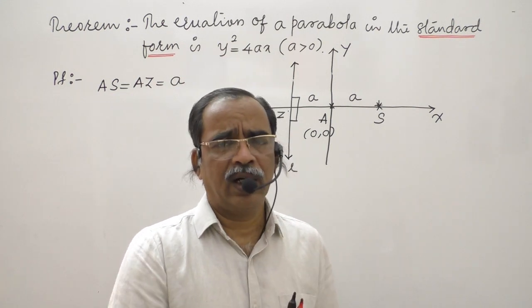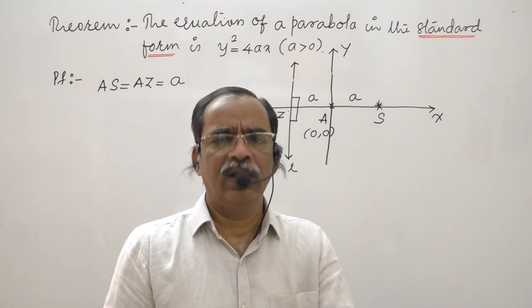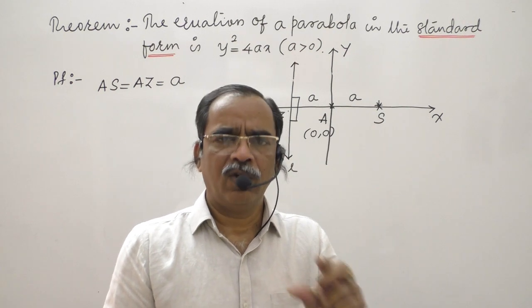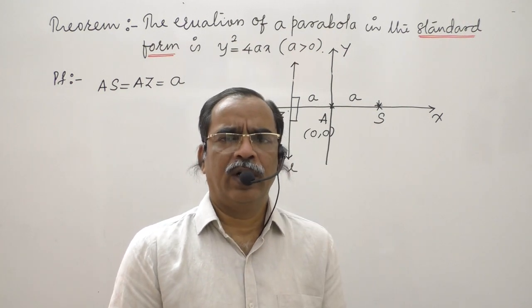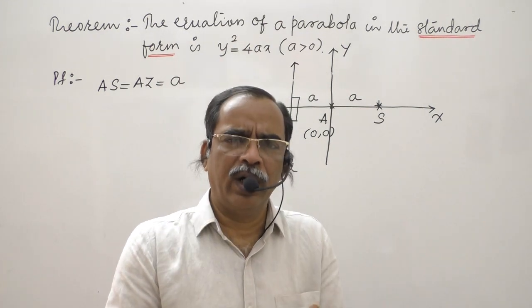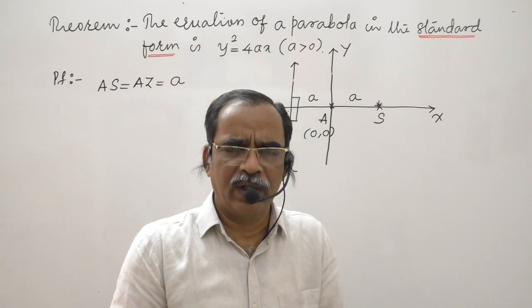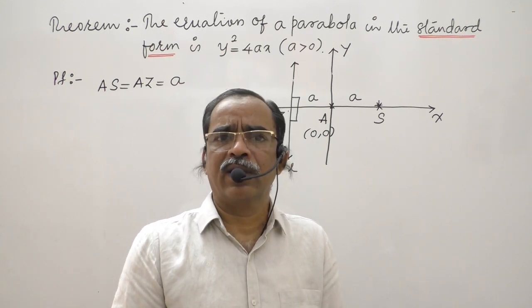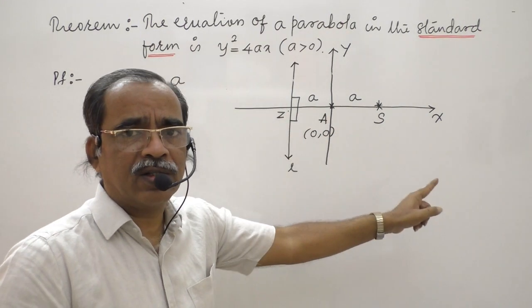To apply that condition, we need the fixed point focus and directrix. Focus is a point, directrix is a line. In coordinate geometry, any point or line is measured with reference to the coordinate axes. That's why I am defining all these.